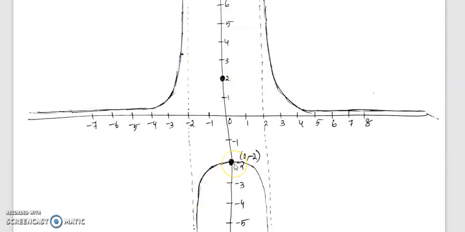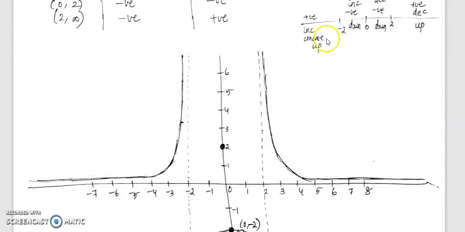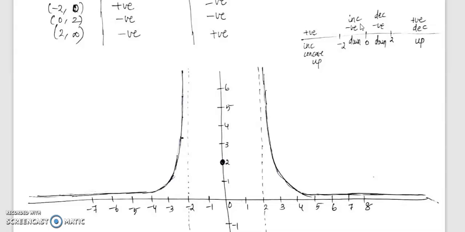This is our y intercept. So first mark the y intercept and the asymptotes. Now (0, -2) is the relative extremum, and from -2 to 0 the function is increasing and concave down, and from 0 to 2 it is decreasing and concave down, both negative.